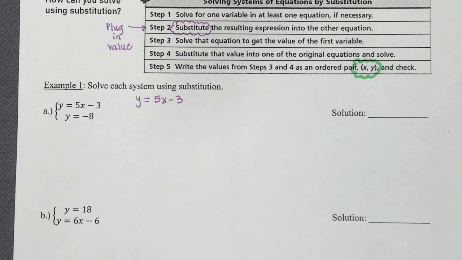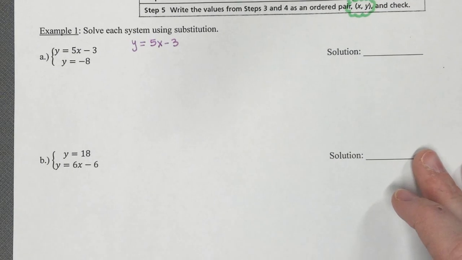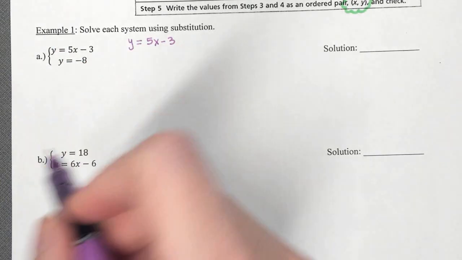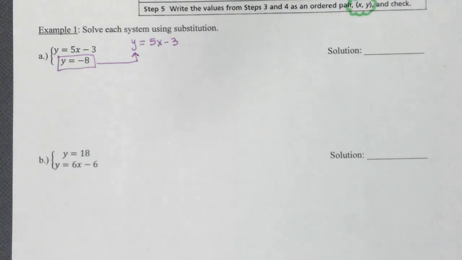So write this down with me. We're going to write down the first equation, and then the second one says y equals -8, so that's what we're going to plug in for y.